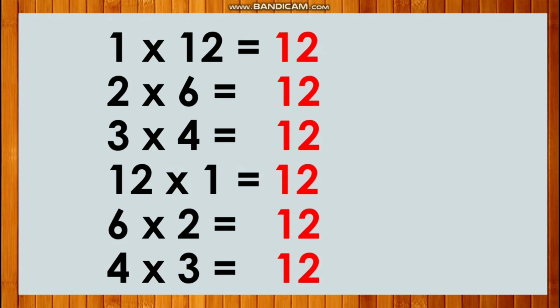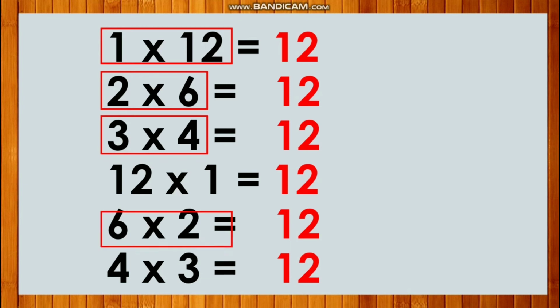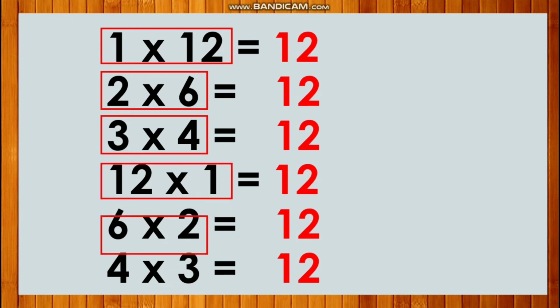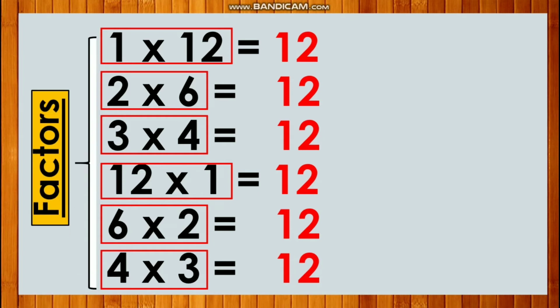So we have 1 times 12, 2 times 6, 3 times 4, 12 times 1, 6 times 2, and 4 times 3. And these numbers are what we call factors. Factors are the numbers that we multiply to get another number.